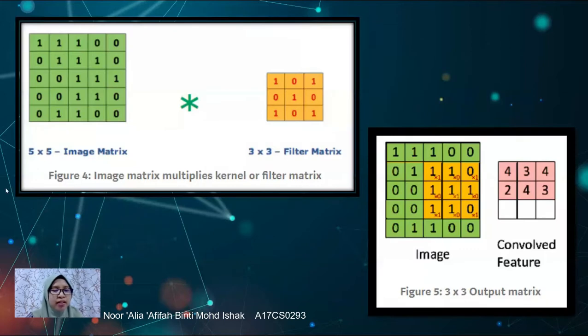And this is an example of the convolutional layer, where the first one shows a 5x5 image, known as the image matrix, which is multiplied by the filter, which is the 3x3 image. And this image shows the output matrix for the convolutional layer.